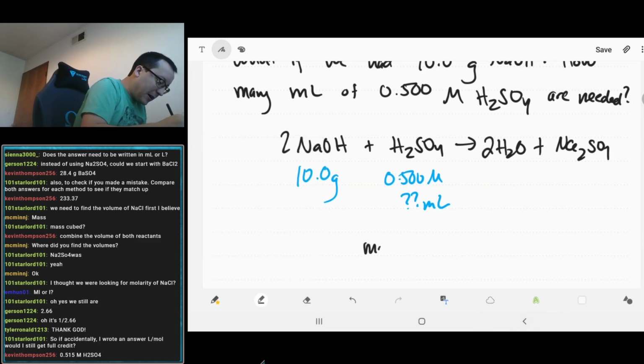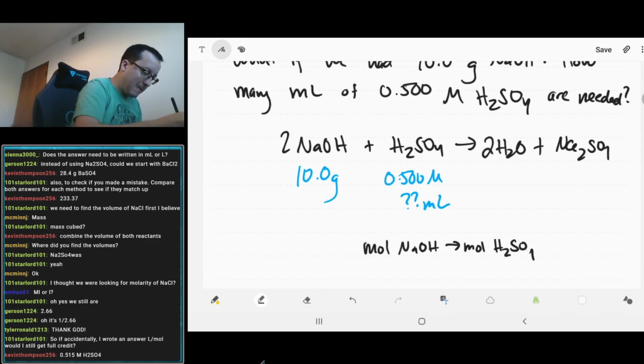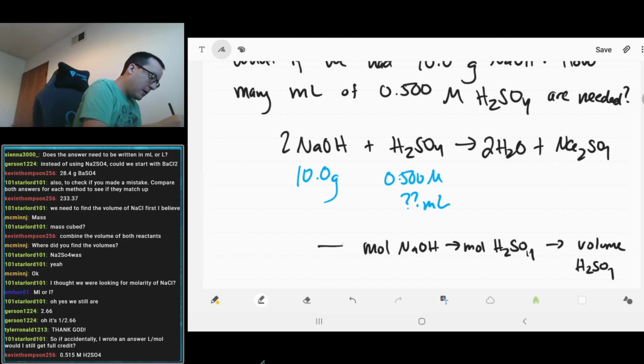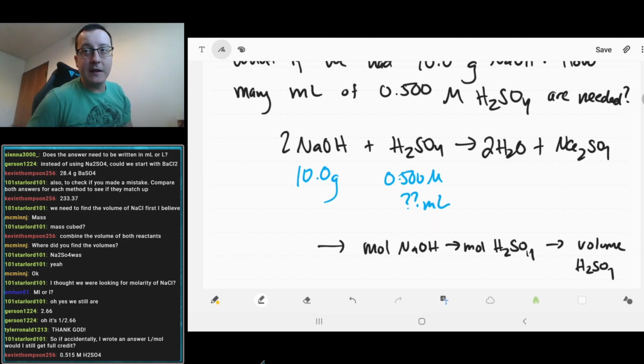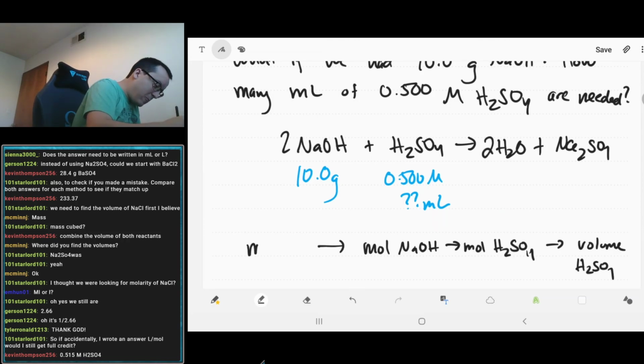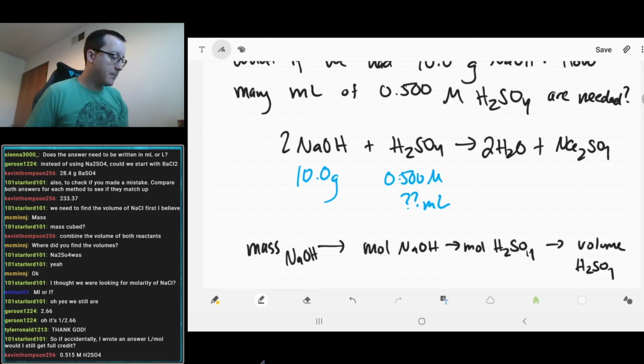We know we're going to need to go from moles of NaOH to moles of sulfuric acid. We are asked for volume of sulfuric acid. Aha, but this time we are given a mass of NaOH.